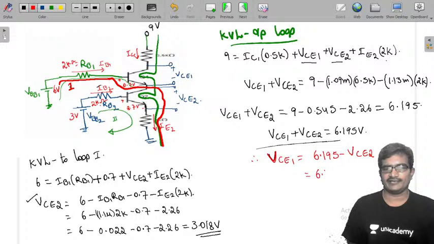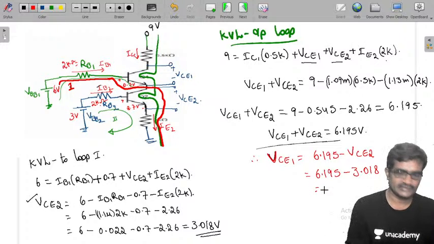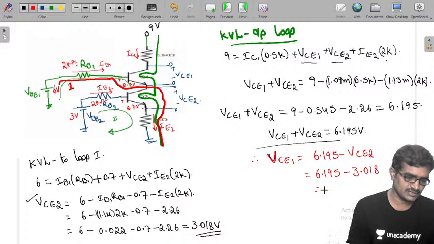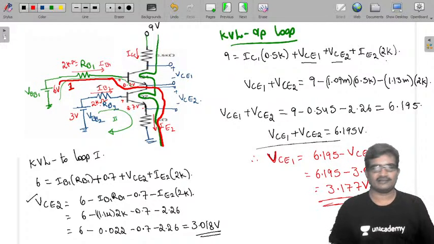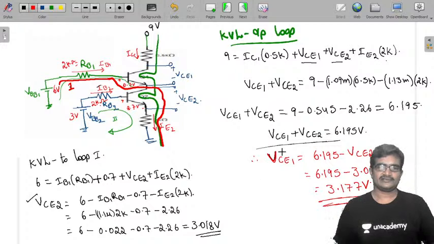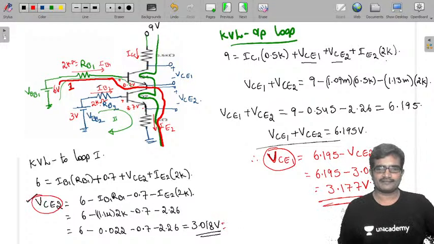That is 6.195 minus 3.018, which is 3.177 volts. Okay, these are the values of VCE1 and VCE2.